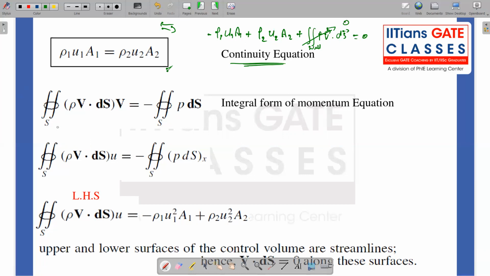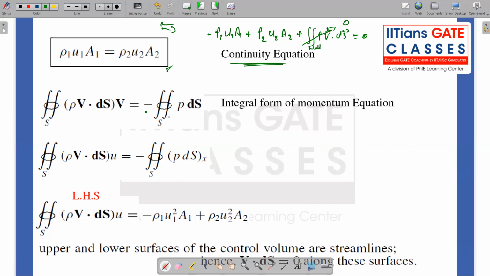So I am left with the integral equation: the integral of rho v dot ds times the velocity vector is equal to the negative of the closed contour integral of p times ds. The negative comes within the integration. This is a vector again.